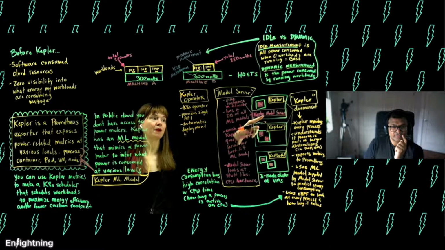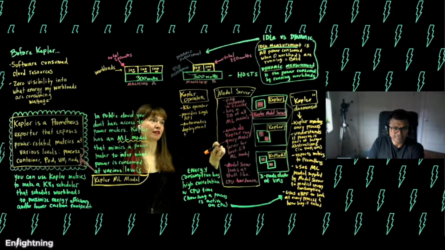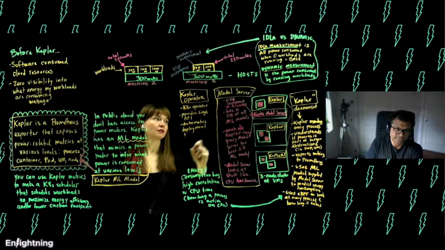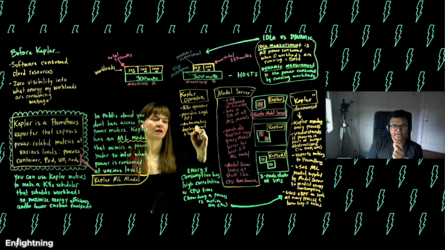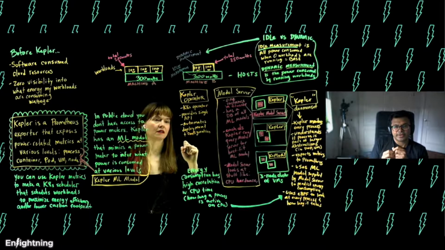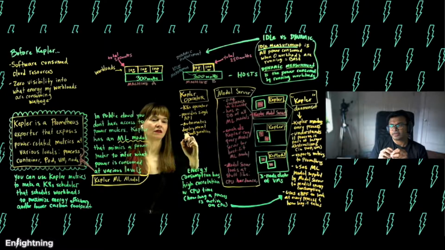But the model server is a sub project, you said, right? Correct. So it takes care of all the daemon set stuff. So when a user creates an instance of the Kepler API, you have some spec.